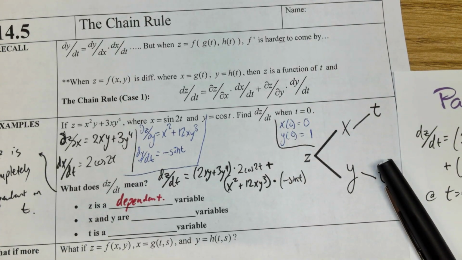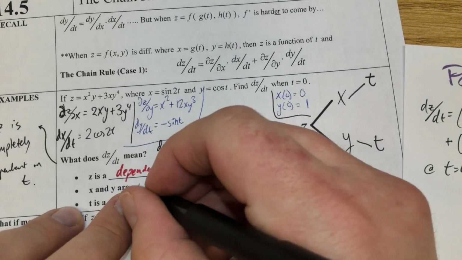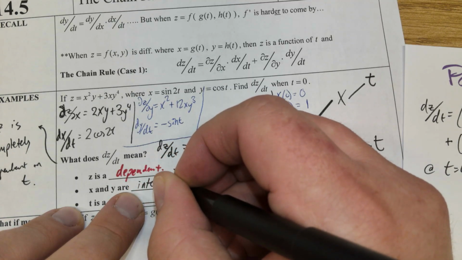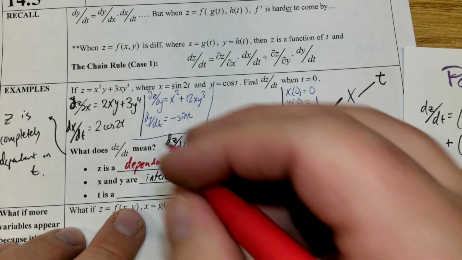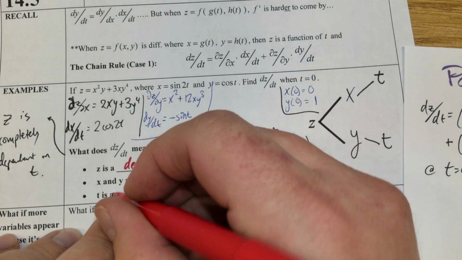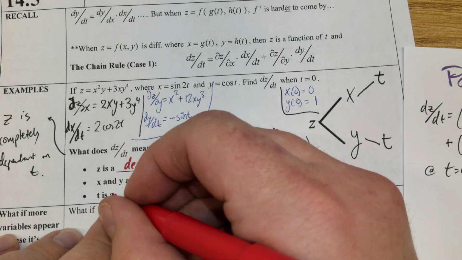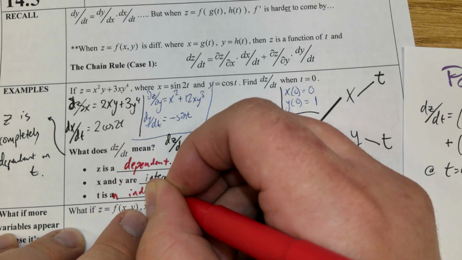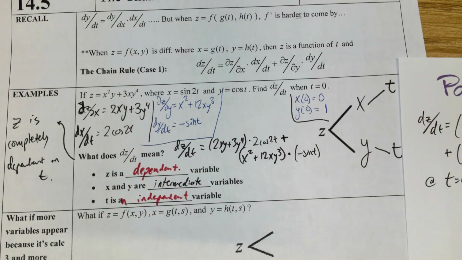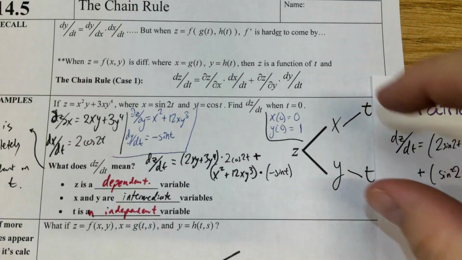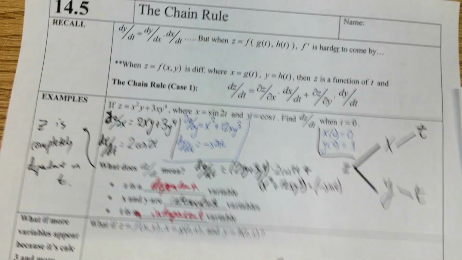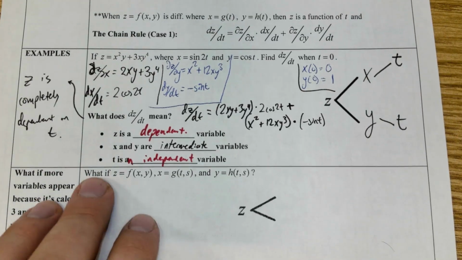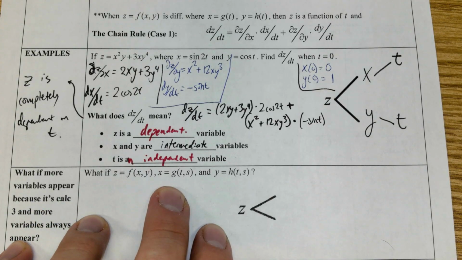Z can do nothing on its own without x and y being intermediate variables, and that leaves t as an independent variable. So as t changes, x and y here in this middle layer are intermediate, and z is the final dependent output layer.